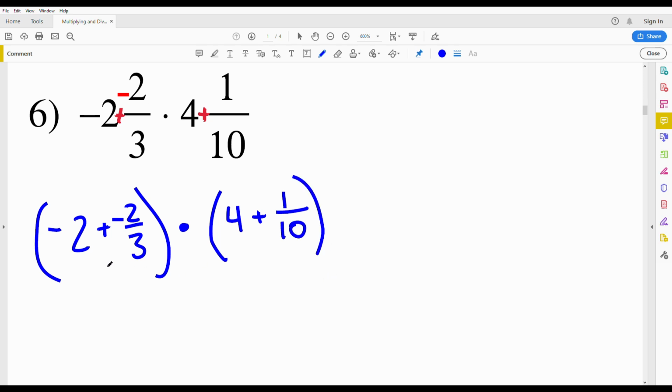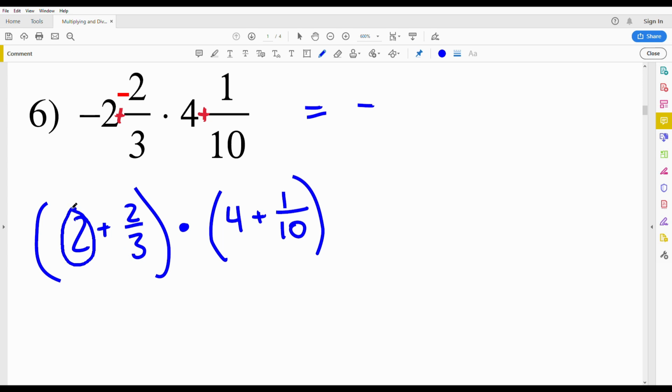My suggestion from here would be to make these into improper fractions. So in order to combine these two, we need a common denominator when adding. Because a negative times a positive results in a negative, we know our answer is going to be negative. And then that way I don't have to worry about it in my problem. So now, in order to find that common denominator, I need a denominator of 3.